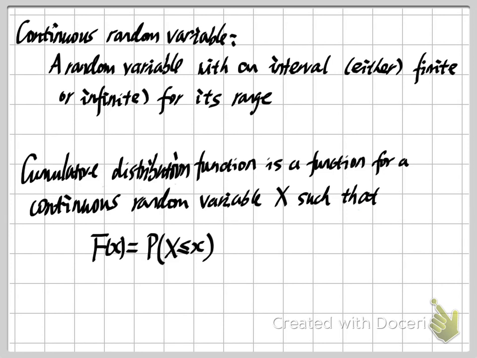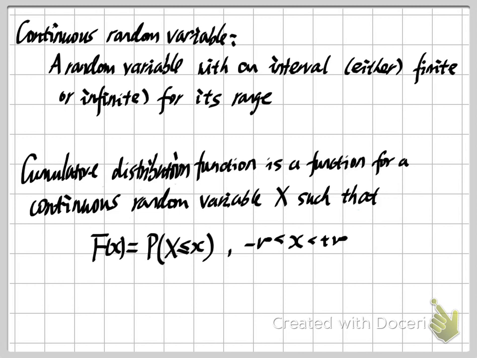Okay, so if you look at our axioms of probability, what do we know from this definition? In this definition, the value of x is between negative infinity and positive infinity.